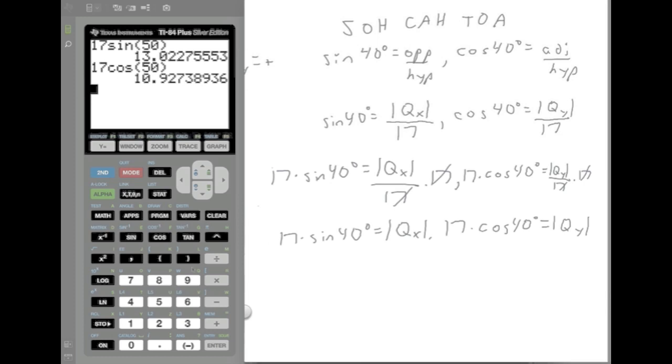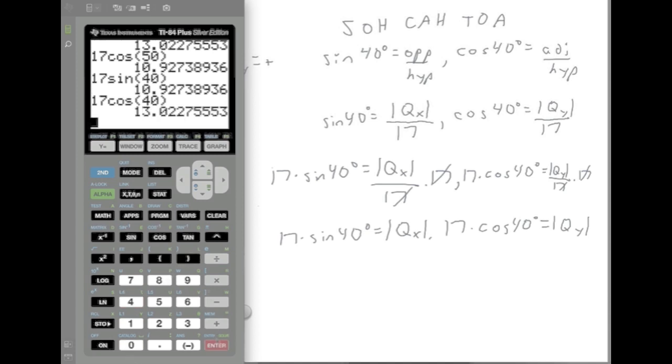Then we can use our calculator. We have 17 sine 40 and 17 cosine 40. You can see we got the same numerical values as when we did the problem previously with 50 degrees.